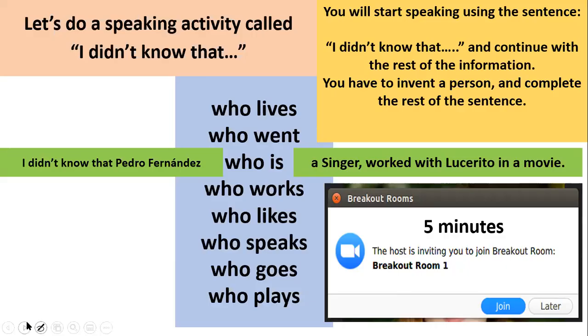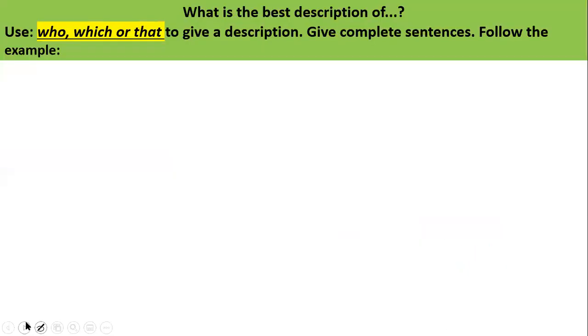All right. So we're gonna continue with another one, which is very similar to this, in a way. The name of the activity is: what is the best description? Right now, you're going to have the opportunity to use who, which, or that, depending on what you use to give the best description.